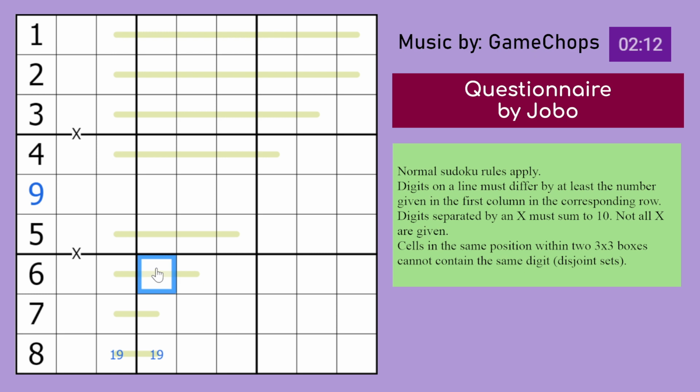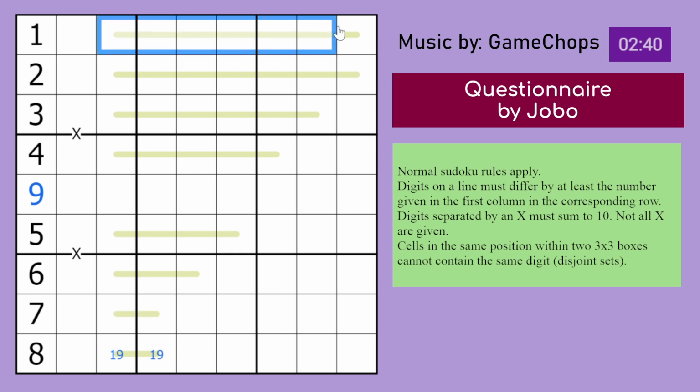So what we're saying is that this must not only have something that differs by 6, but also something that differs by more than 6, because if they both differed by 6, then they would have equal digits on the outside of the line. I mean, it doesn't have to differ by 6, right? It just has to differ by at least 6. So technically speaking, they could differ by 7 or 8, and it would still be fine. Okay, fair enough.